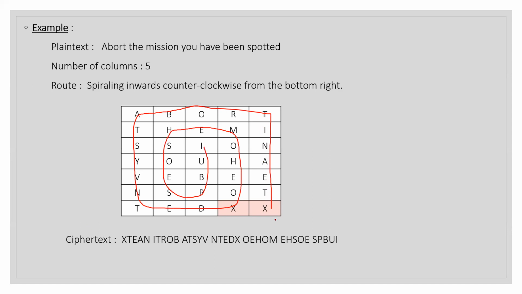So here the ciphertext is XTEAN, then ITORB, and so on. The ciphertext is just divided into blocks of length 5. It has nothing to do with the spaces in the plain text, because we are just dividing it to avoid any errors or make the text easily readable.